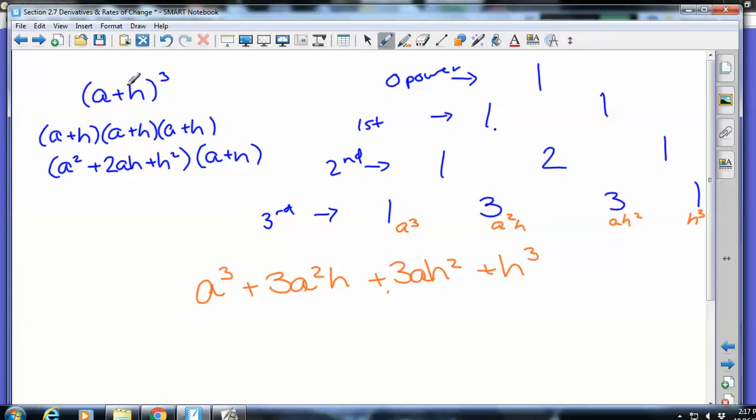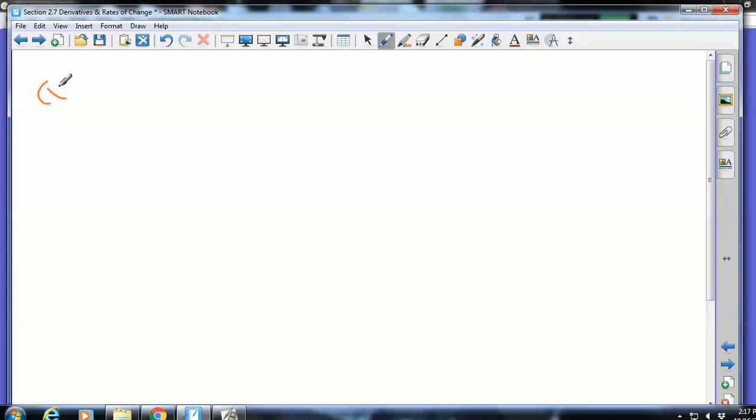Now you have to watch, like, if it's a negative, like a minus h, then you would have to put that negative on the h and pay attention to, even exponents. It would go away. Odds, it wouldn't. But this will always work. So, like, if I asked you to do x plus y to the fifth, you could do your little triangle.